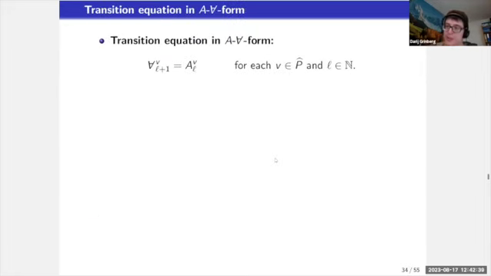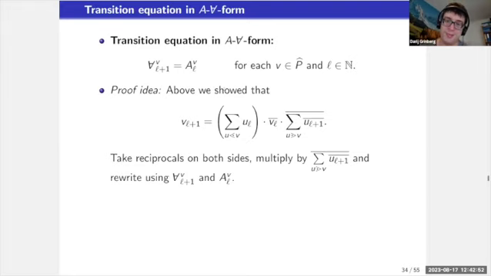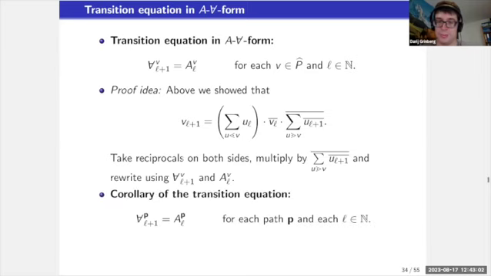Okay, what else do we know about this A and reverse A? Well, you know this equation: A reverse at time L plus 1 equals the corresponding normal A at time L. Why? Well, this is really the transition equation of our dynamical system. This is just the definition of birational row motion restated in a fancy language. And because this is true at every vertex, it's also true for every path.